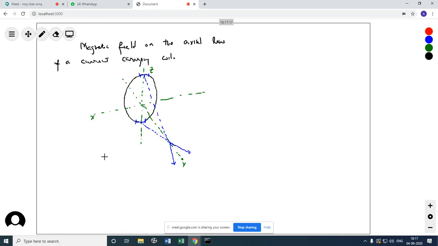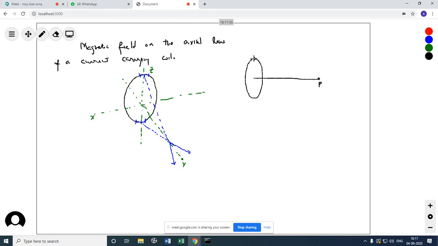Again, the idea is that we go for a single length element dL. So this is our length element dL. You can see we have two diametrically opposite length elements dL, right? This dL element will produce a magnetic field here.